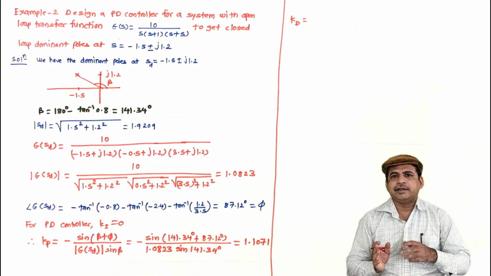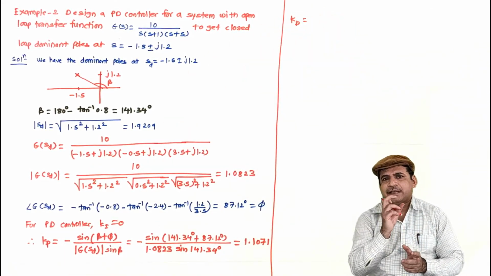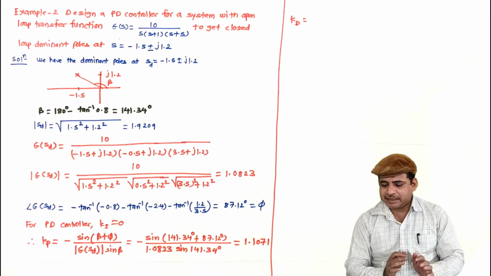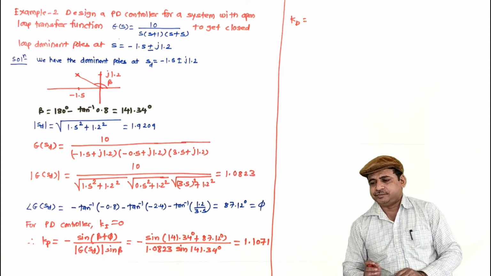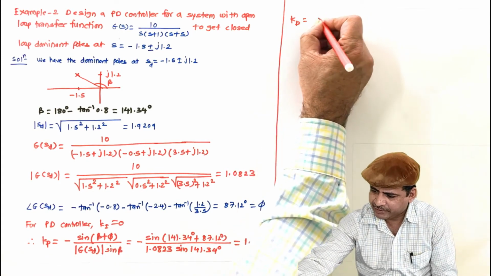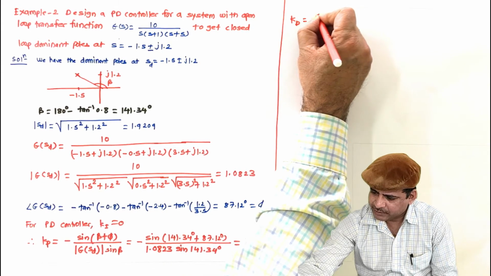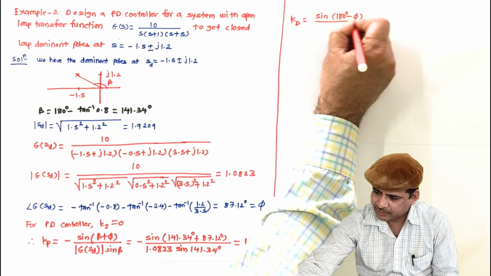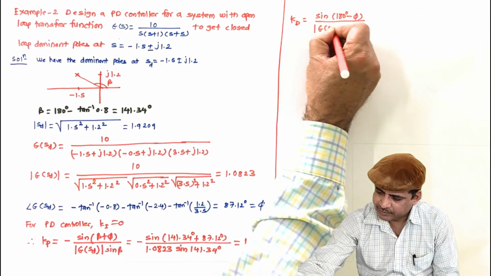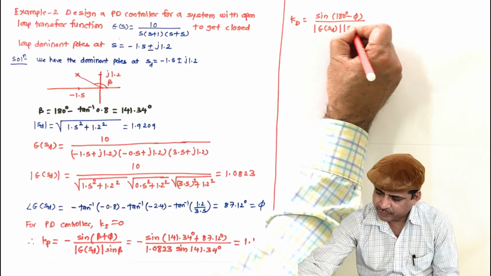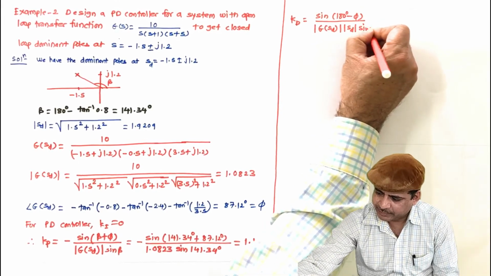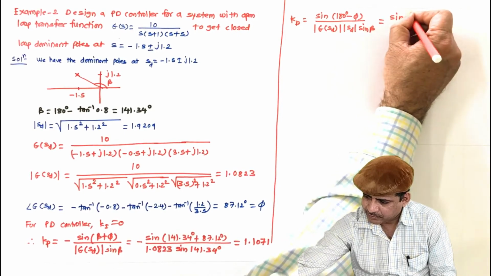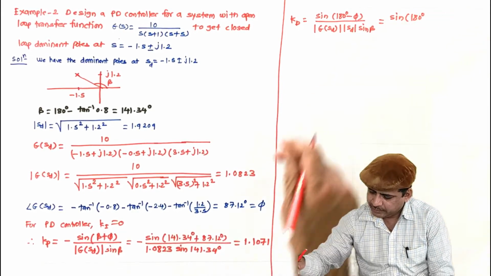In fact, if you solve it classically by solving the angle and magnitude condition, it is very time consuming, but here the thing is that you need to remember this formula. By practice you can get it. So here for Kd the formula is sine of 180 degree minus phi divided by mod of G Sd into mod of Sd into sine beta, and that is equal to sine of 180 degree, what is phi?